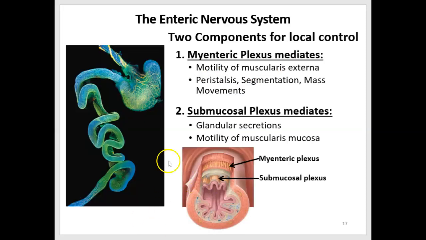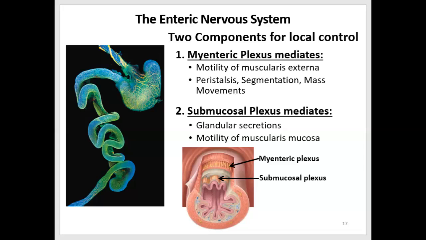So this is a picture of the enteric nervous system. It's kind of weird because the wall of the alimentary canal is kind of blue and green, but it's partly because blue is overlapped with yellow that shows up as green. And so the yellow is the enteric nervous system nerves.